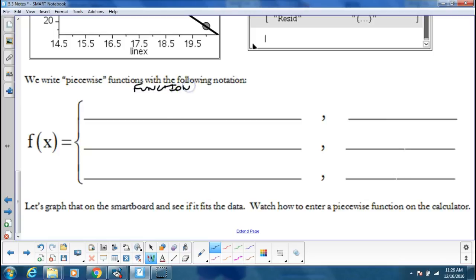And this second part over here is the x values that you're going to use that function on. Okay?